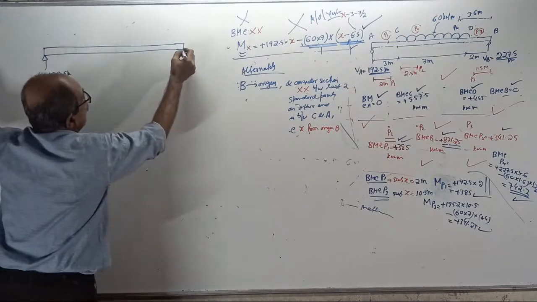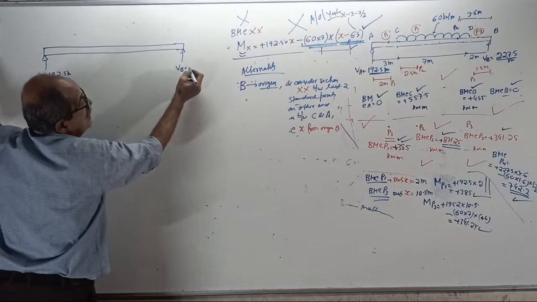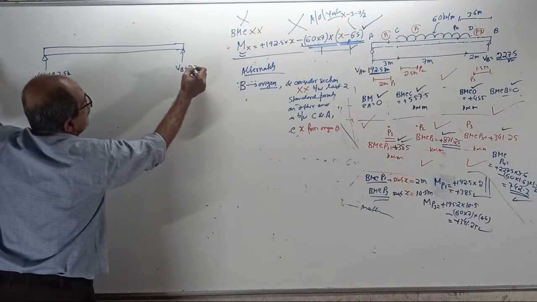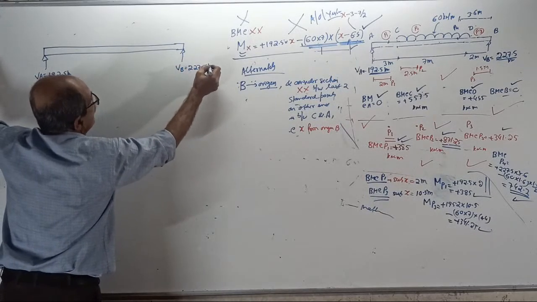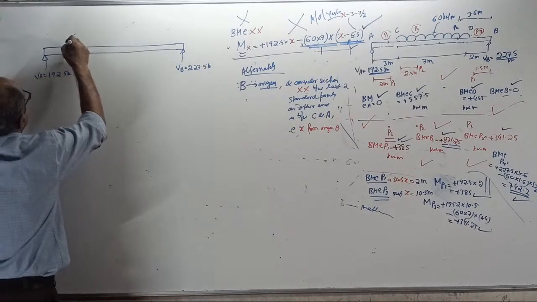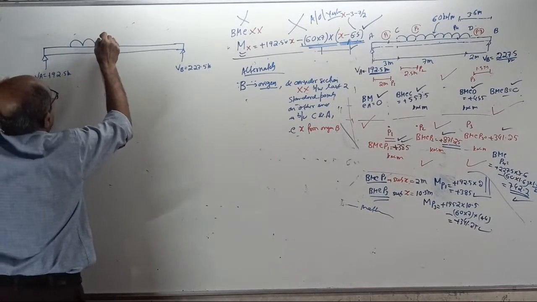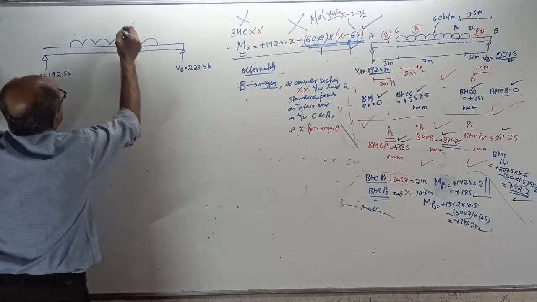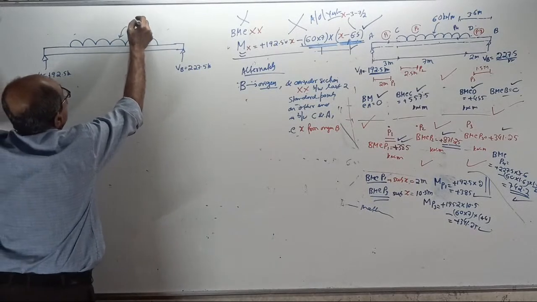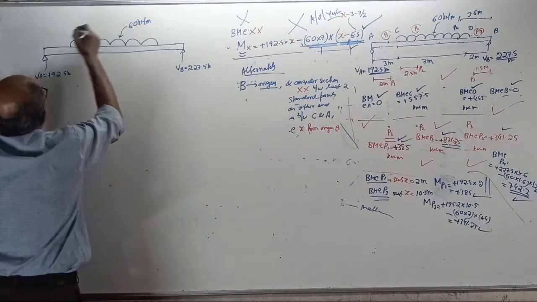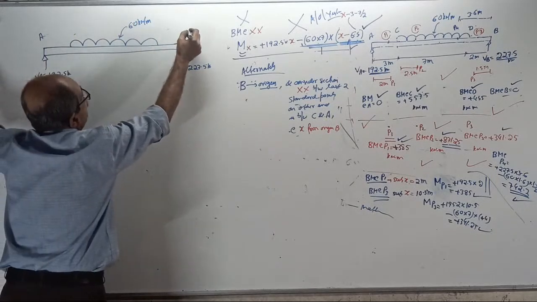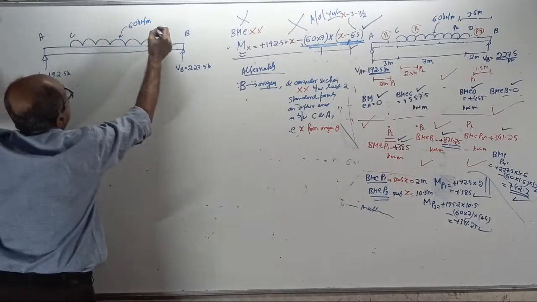There is a reaction here, VB equal to 227.5 kilonewton. And there is a UDL, after 3 meters it starts and stops here. How much? 60 kilonewton per meter. This is A, this is B, this is C, this is D.